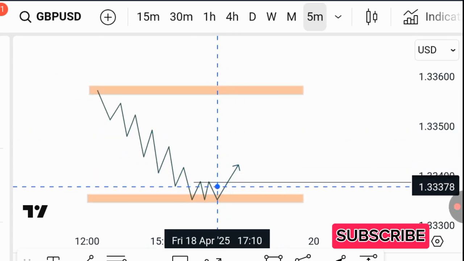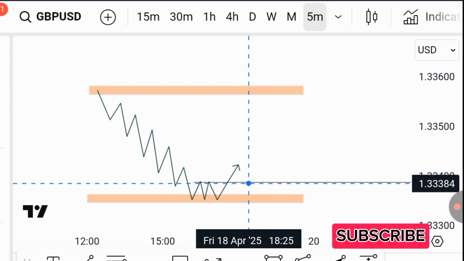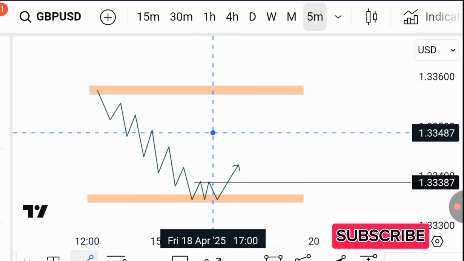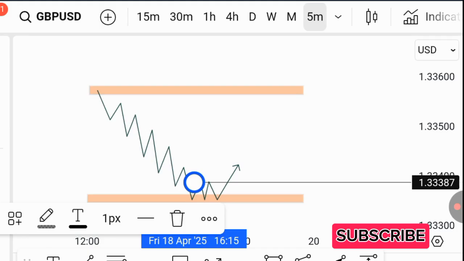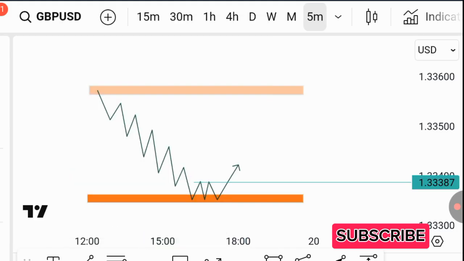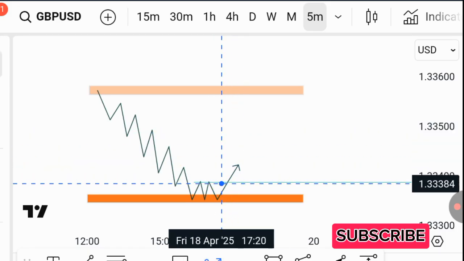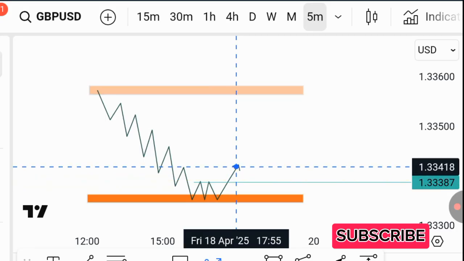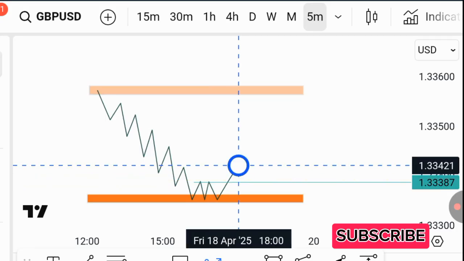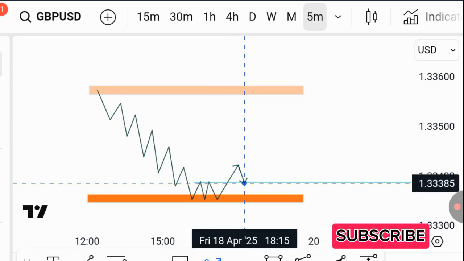Okay, so this area here, let me color it with a different color. So peradventure price broke this resistance and then crossed to the upside, and then we should expect price to retrace back, right?